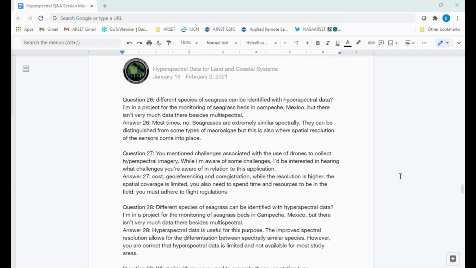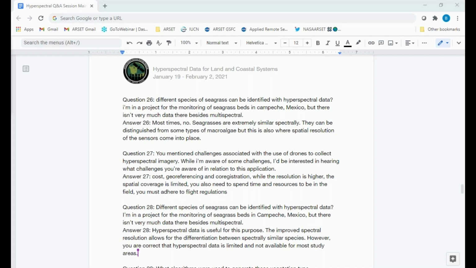If you're comparing Thalassia versus Syringodium or others, they're very similar. They can be distinguished from some types of macroalgae, like brown algae or red algae, obviously, because they have completely different pigments, with field data.